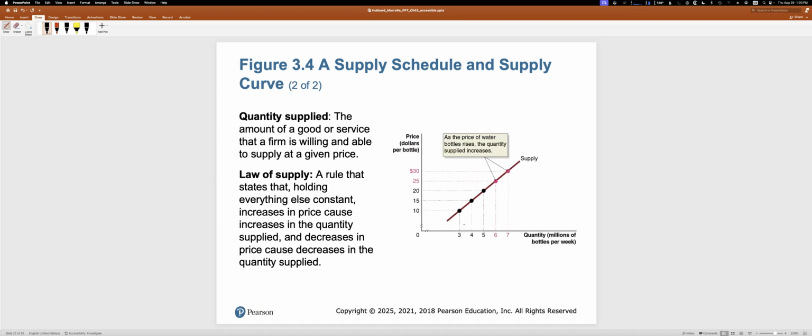And again, we can make this same distinction. As the price goes up, firms are going to want to make more of it because they could make more money in essence, and the law of supply would say that ceteris paribus, as the price goes up, the quantity supplied goes up, or as the price goes down, the quantity supplied goes down.